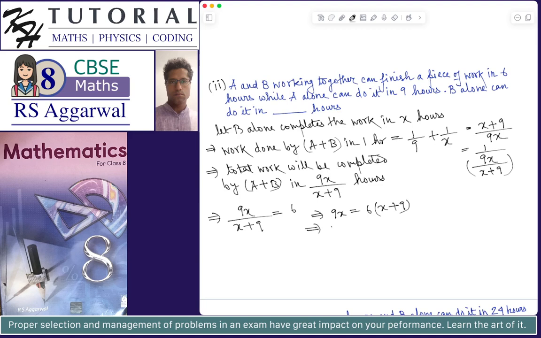This implies 9x is equal to 6x plus 54. This implies 3x is equal to 54, and this implies x is equal to 54 divided by 3, which is 18. So B alone can complete the work in 18 hours.